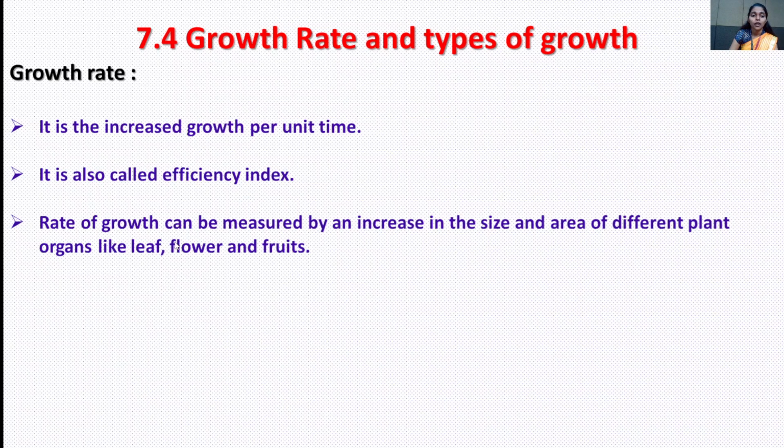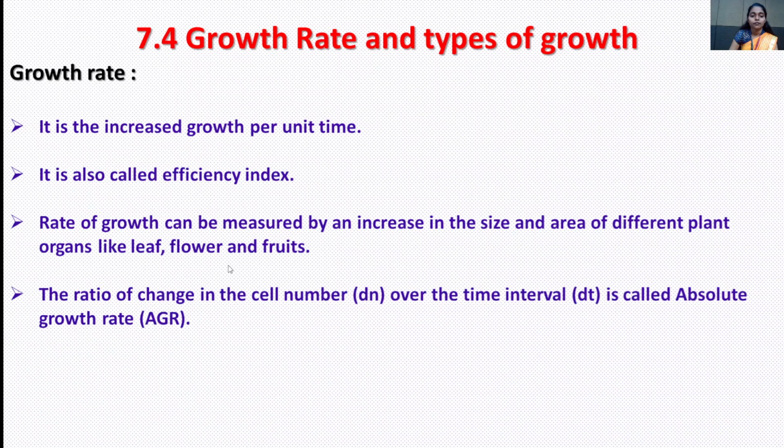Rate of growth can be measured by an increase in the size and area of different plant organs like leaf, flower, and fruits. The ratio of change in cell number, dN, over the time interval, dt, is called the absolute growth rate. AGR means absolute growth rate.